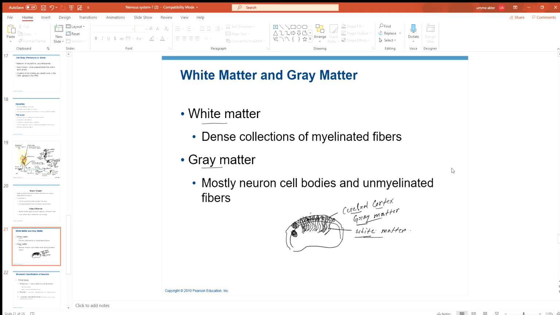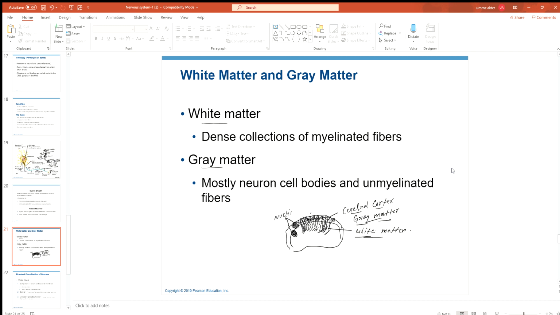If you cut the brain, you can see these areas are even more gray. So nuclei are the areas where you have more cell bodies than the gray matter. Gray matter has all the cell bodies, but in nuclei you have more densely packed cell bodies.